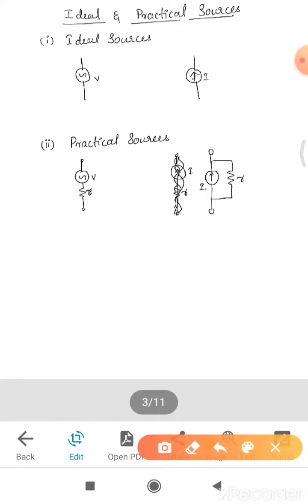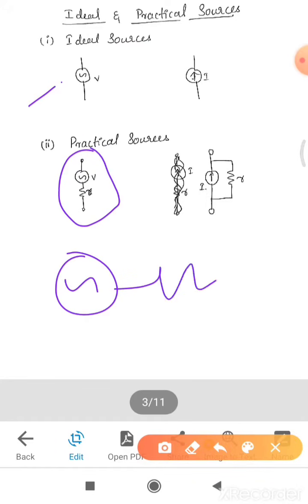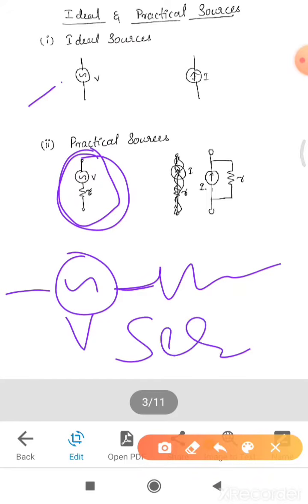So what is the practical one? The ideal source, along with the resistance. If it is a voltage source, then the voltage source along with internal resistance will be in series. This is a practical voltage source.